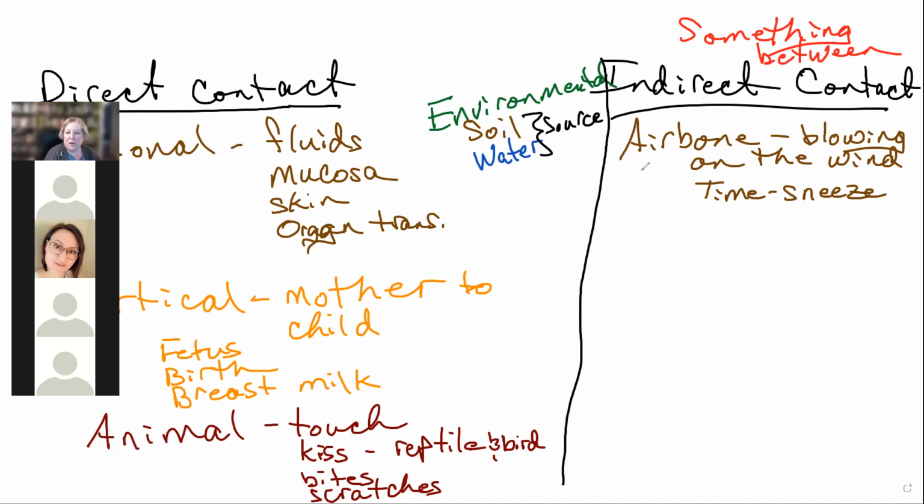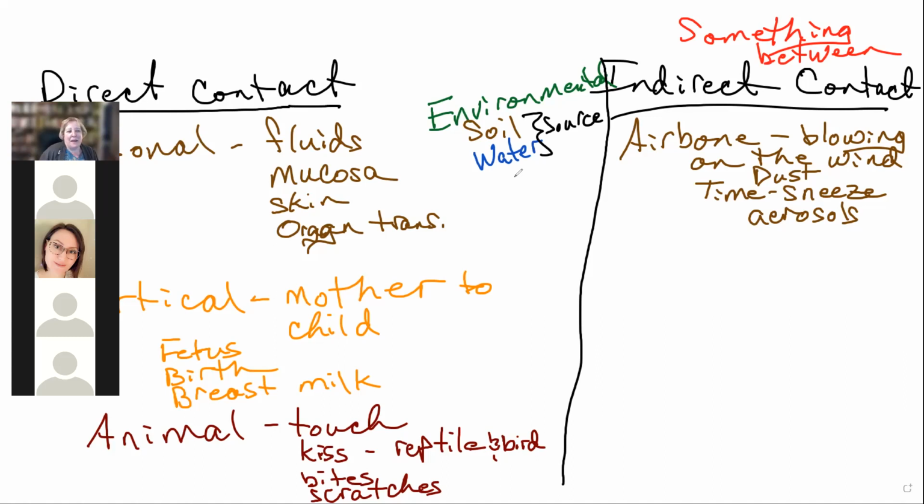When we're talking blowing on the wind, it's where a pathogen is carried by dust. And when we're talking about sneezes, we're talking about aerosols. Let's say the source is soil, and I've got a fungus living in the soil. That's its normal home. But at certain times of the year, they produce spores and the wind kicks up and the spores are blowing around in the wind.